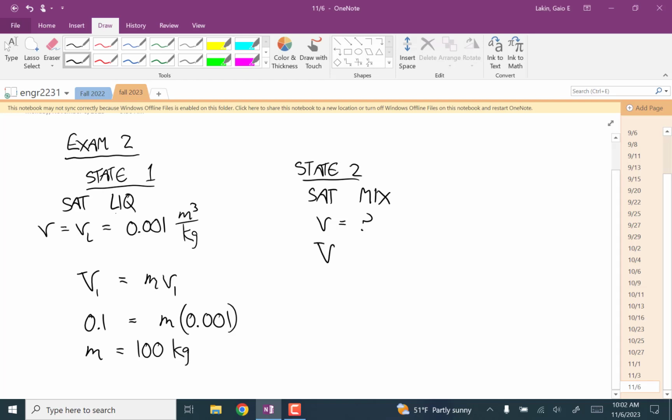At state 2, we know that the actual volume is 10. Over here, we knew that the actual volume was 0.1.